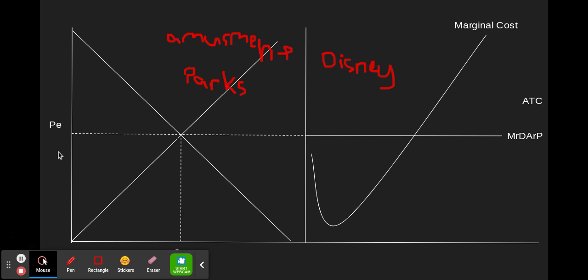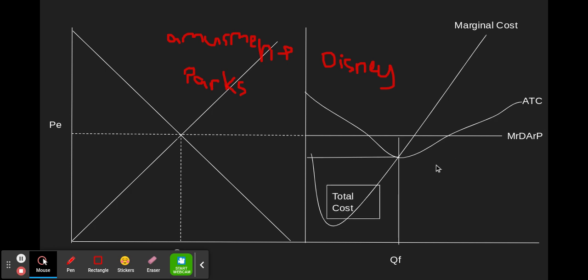To start, we'll look at a profit. At a profit, the ATC will be below MR, DARP. The total cost of it would be this box here. This is your total cost, which is the total amount that it costs to make the good.